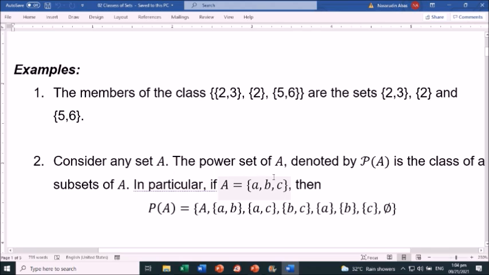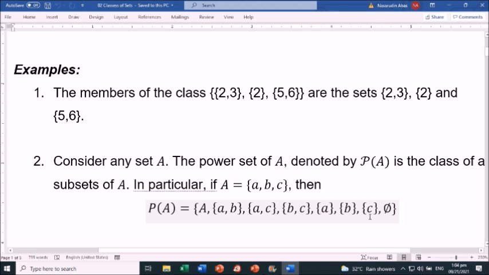The power set of A is the class of subsets of A. In particular, if A equals the set containing A, B, and C, then the power set is this one: the set containing the set A itself, the set containing A and B, the set containing A and C, the set containing B and C, the set containing A, the set containing B, the set containing C, and the empty set.